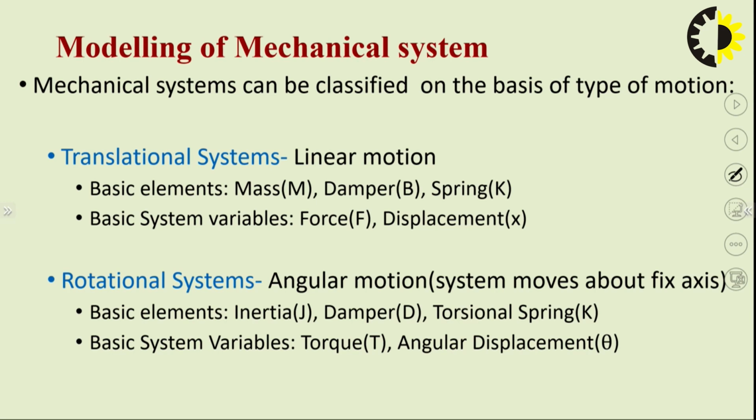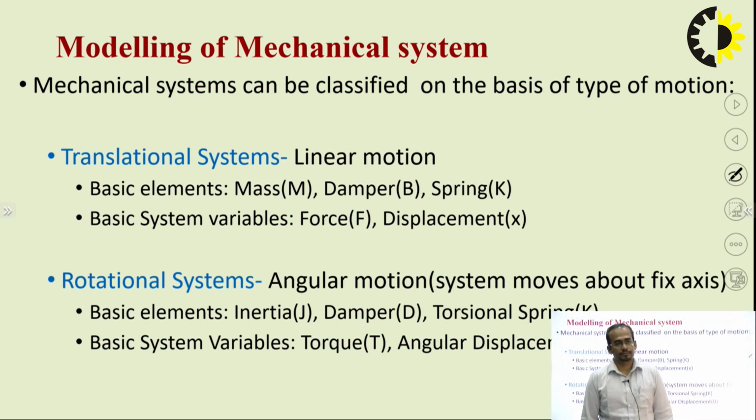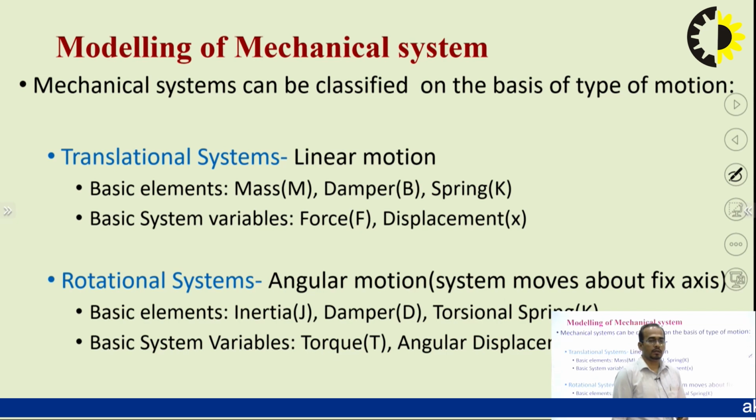Now, coming to the modeling of mechanical systems. In case of a translational system, the basic elements are the mass element, damping element or damper, and spring element. Mechanical systems are basically classified into two parts, translational mechanical systems and rotational mechanical systems.